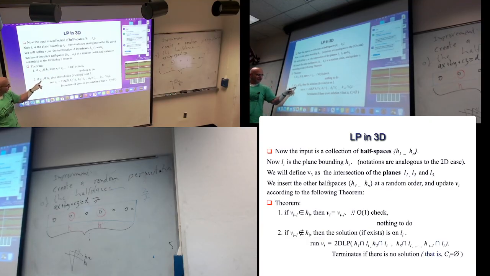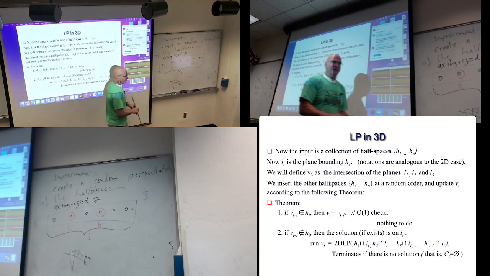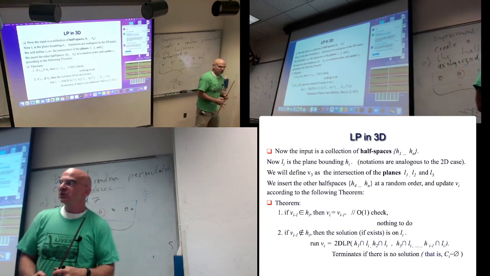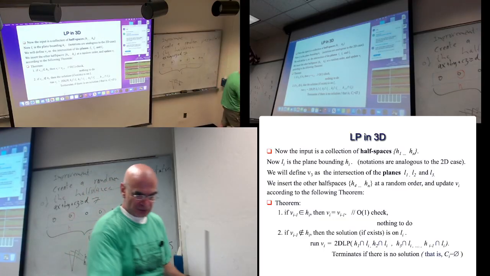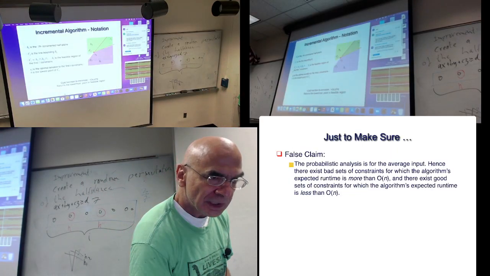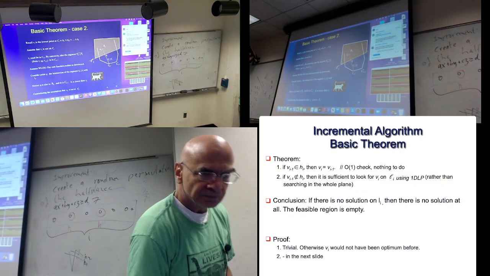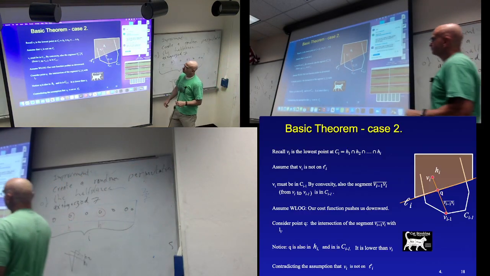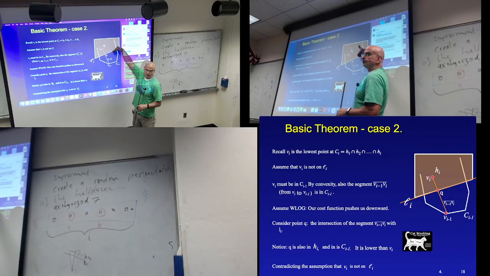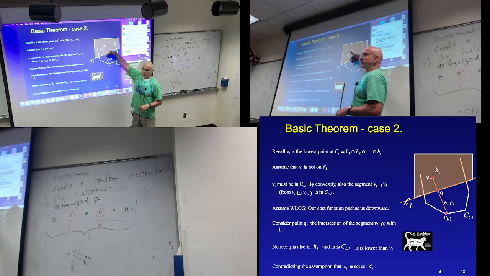What are you doing if Vi violates Hi? Vi minus 1 violates Hi. It's not in the right half plane. What would be the analogous of the theorem? What can I say about my solution now? Let's go back. What the theorem tells me now?